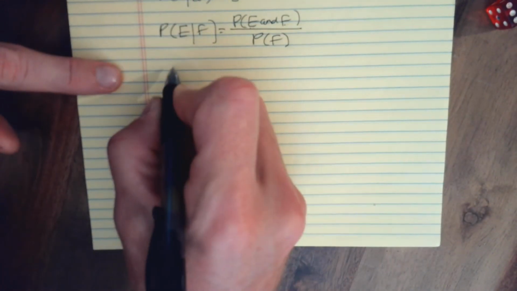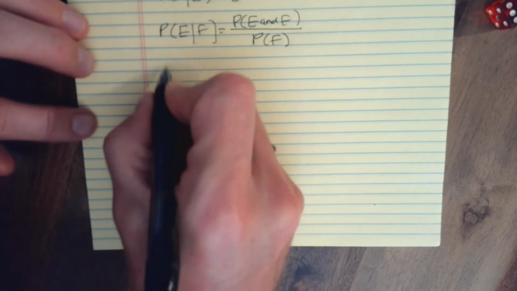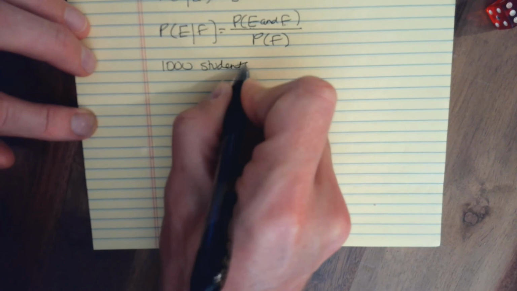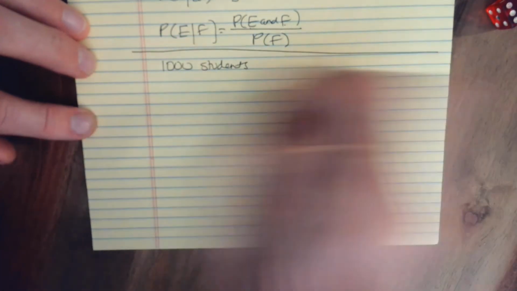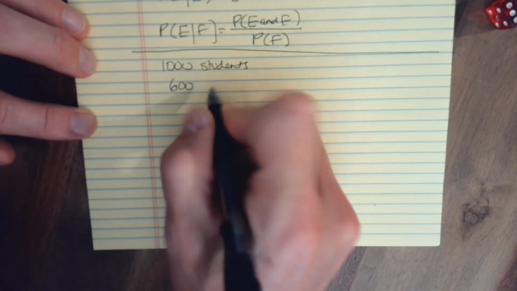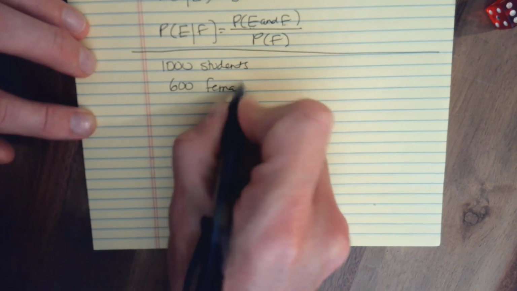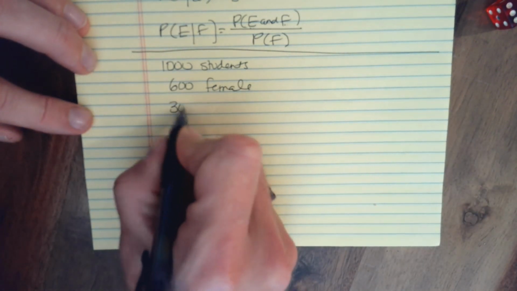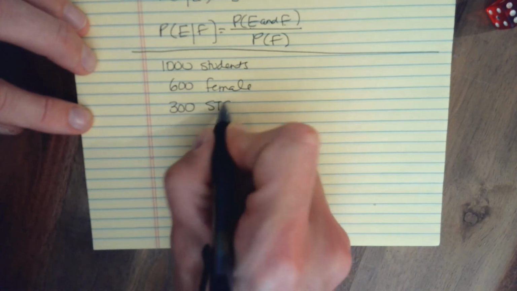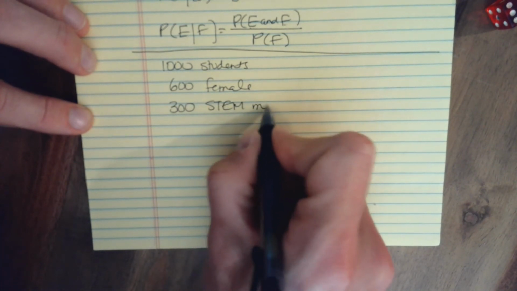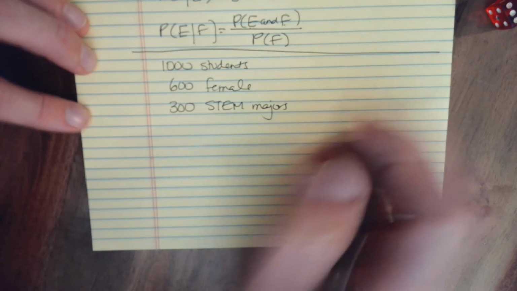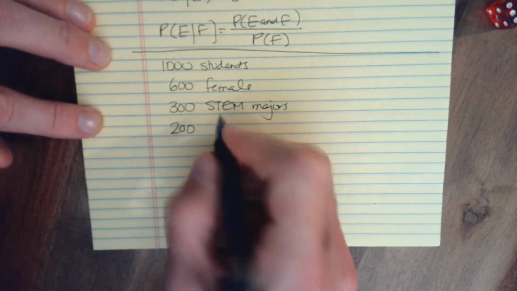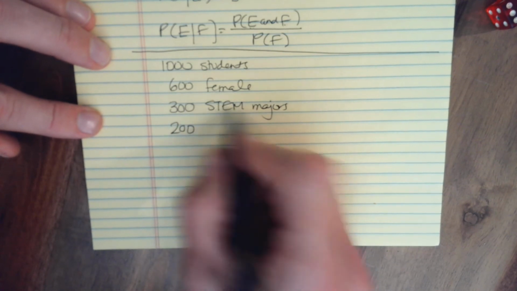Let me give you another example. Let's say that you have a population of 1,000 students, and we know that maybe 600 identify as female, and maybe we have 300 that are STEM majors, and certainly there's some overlap. Let's say that 200 are female STEM majors.